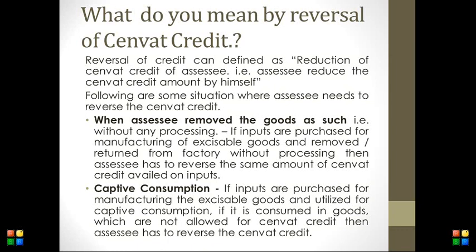Suppose we purchase steel bars and use them to construct a building, which is not an eligible input for Cenvat credit. At such time, the duty paid on those TMT bars or steel bars must be reversed to the department, to the extent it is reduced.